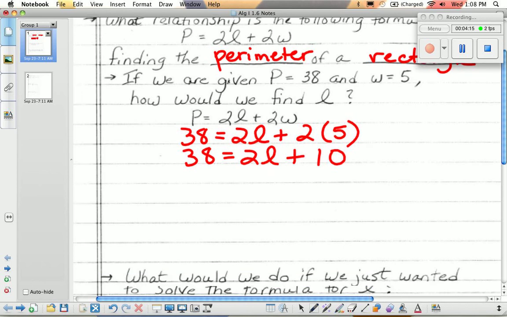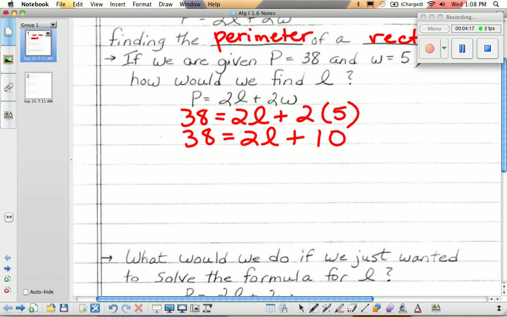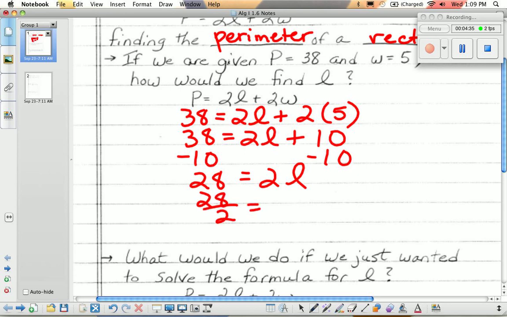And then John said, well, after I find out that that's 10, then I have to subtract 10. And I get 28. But that 28 is really 2 lengths. So then we have to divide by 2. So we divide the 28 by 2, we divide the 2 lengths in half, and we have 1 length, and it is 14, right? Okay.